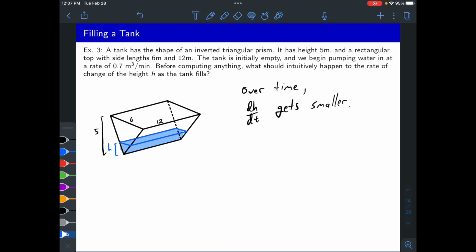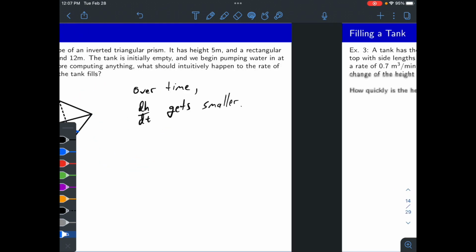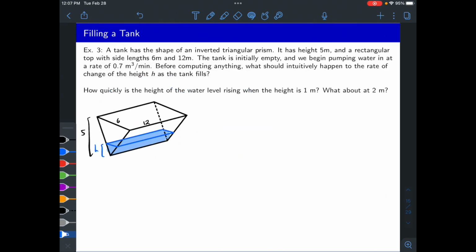All right, cool. So now let's actually start computing things. How quickly is the height of the water level rising when the height is 1 or maybe 2 meters? So let's start by getting an equation relating the height and the volume, right?